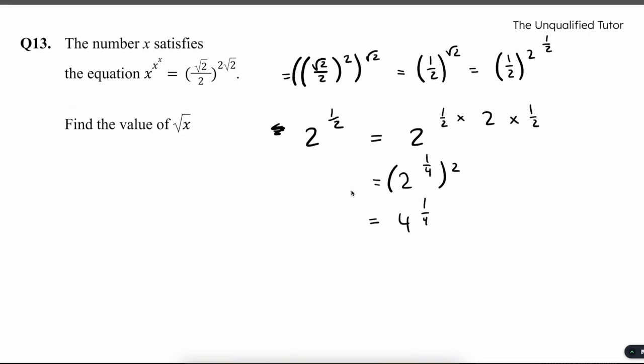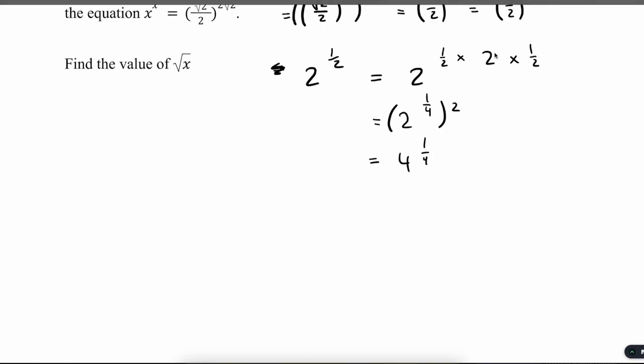So you can basically prove that 2 to the power of 1/2 is 4 to the power of 1/4.